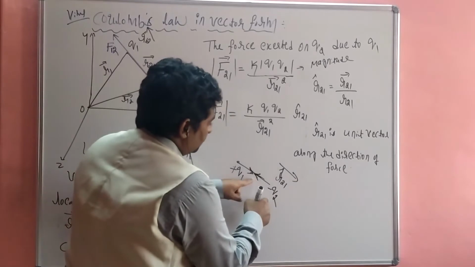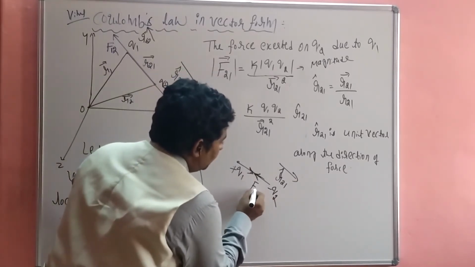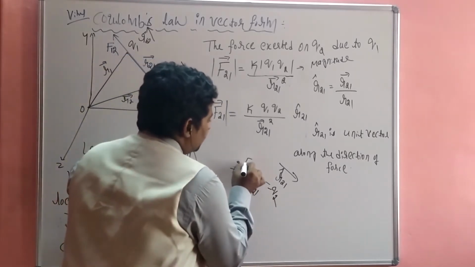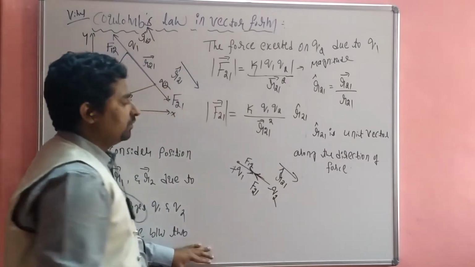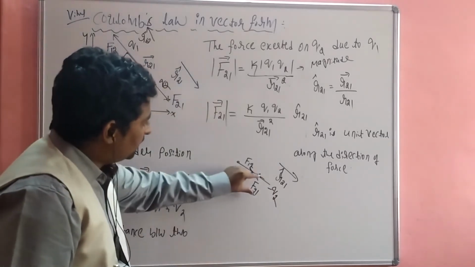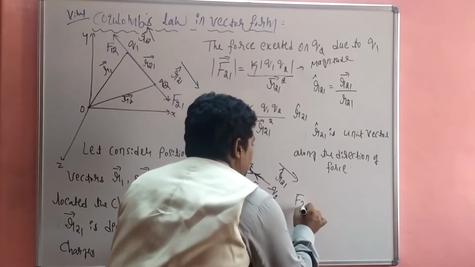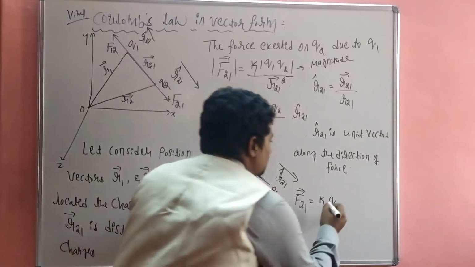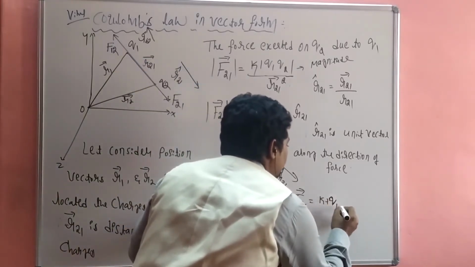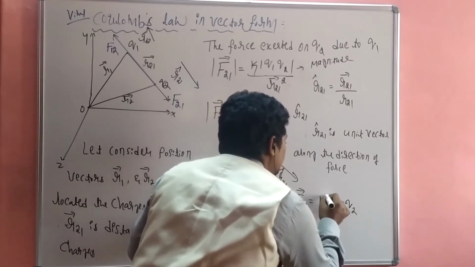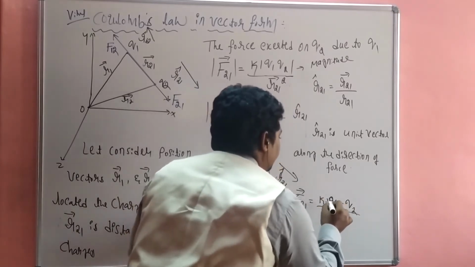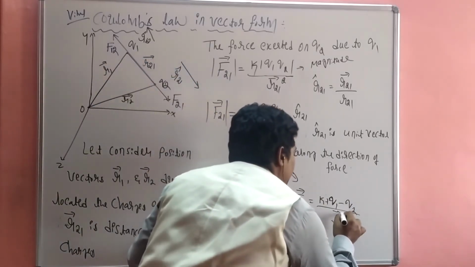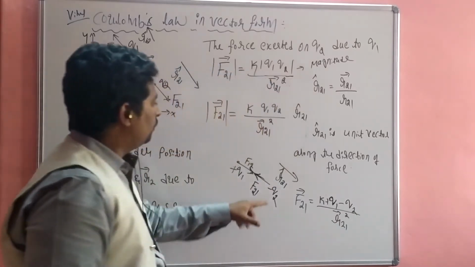So this force is exerted on charge Q2 due to Q1, and the force exerted on 1 due to the charge 2. In this case, F21 vector is equal to K Q1, positive, Q2, negative, divided by the separation R21 vector square, then R21 cap.